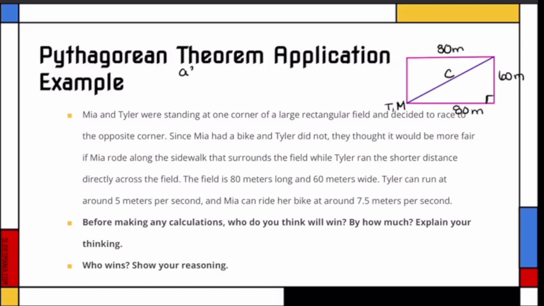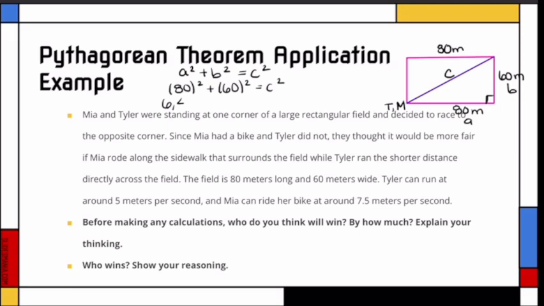So let's go ahead and calculate that distance across. We know that it's a rectangular field, so these are right angles. So this right here is my hypotenuse, which means I'm going to use the Pythagorean theorem to figure out what that distance is. So A and B, we'll say A is 80, and B is 60.